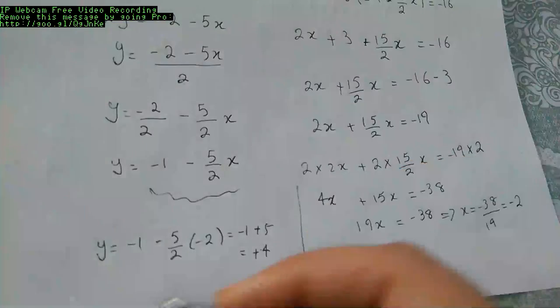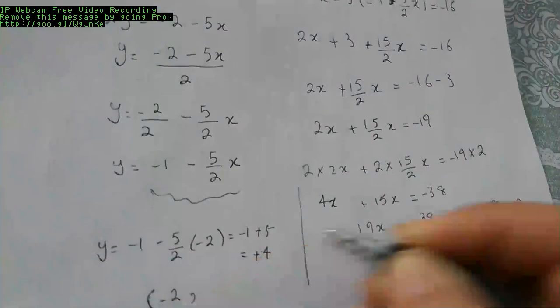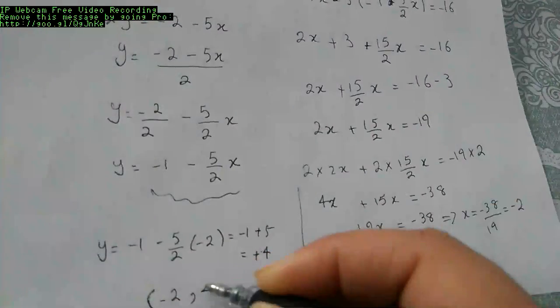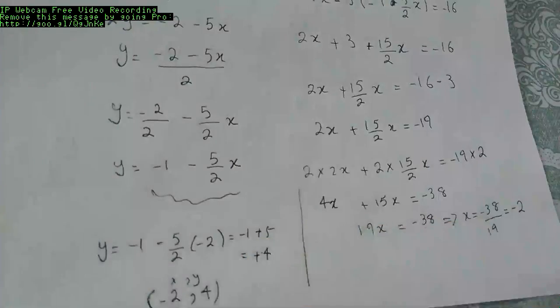So I have my x and y. The point is x is -2 and y is 4. This is the point of intersection between these two lines. So this is the end of this lesson.